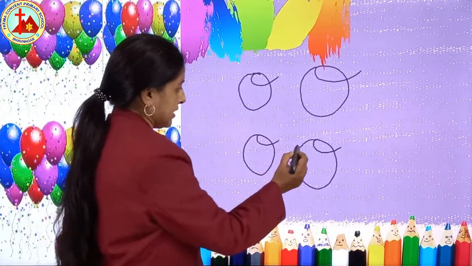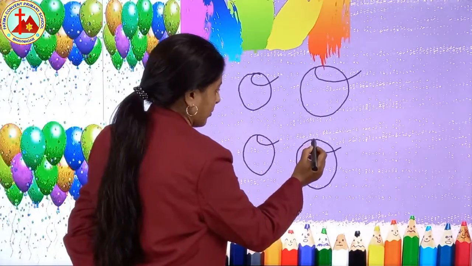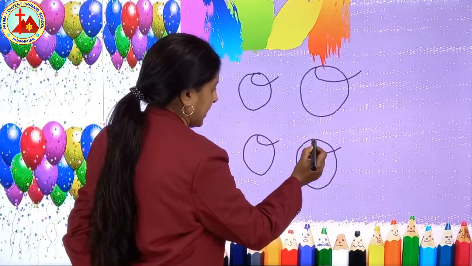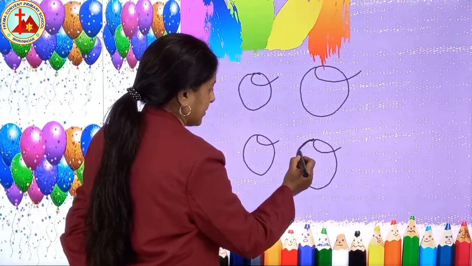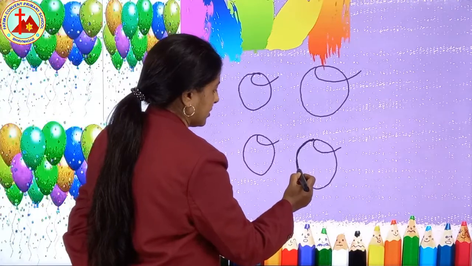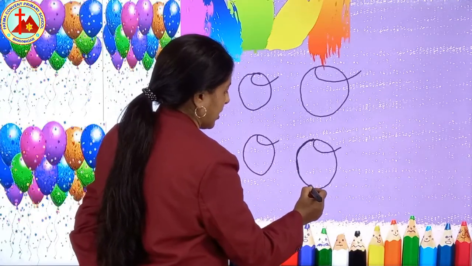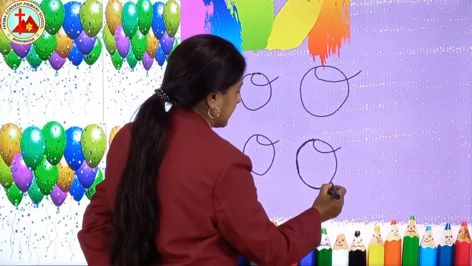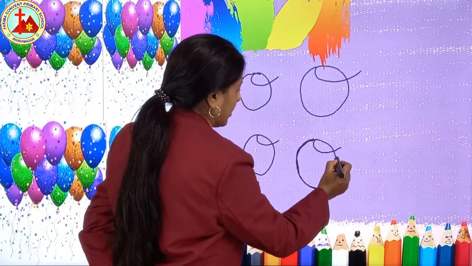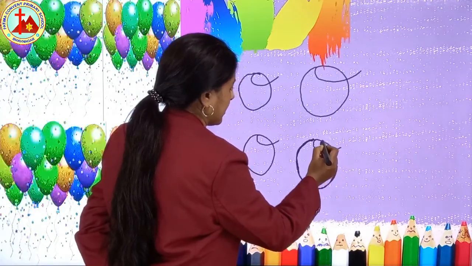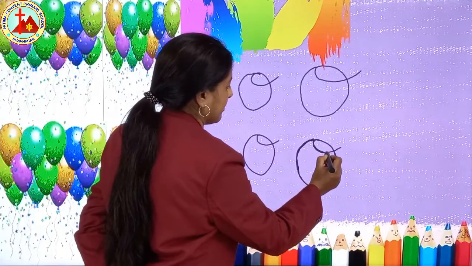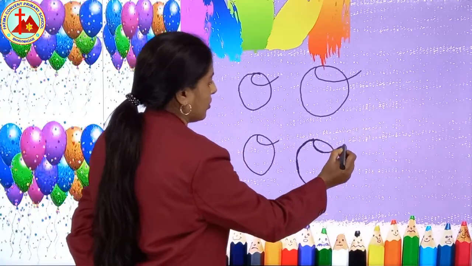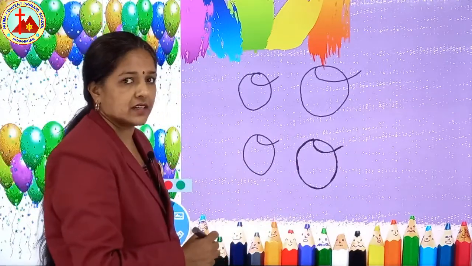Start your O from here, then curve down. See how Miss is writing. Again go up, then inside you have to make a curve and then slide out.